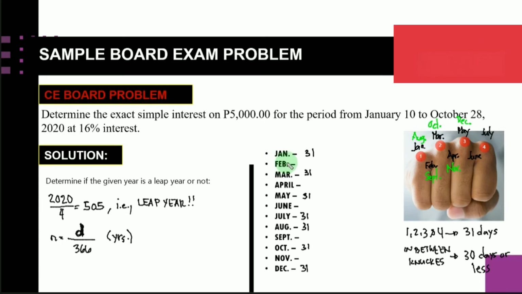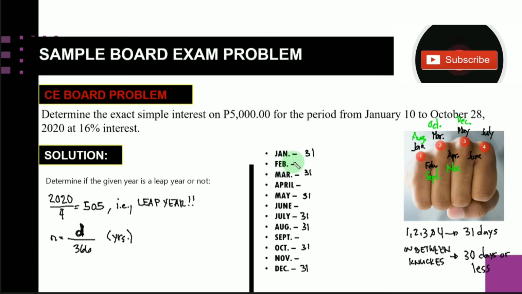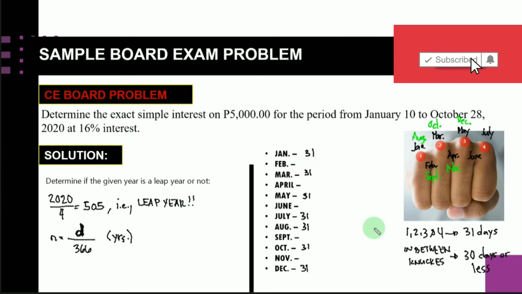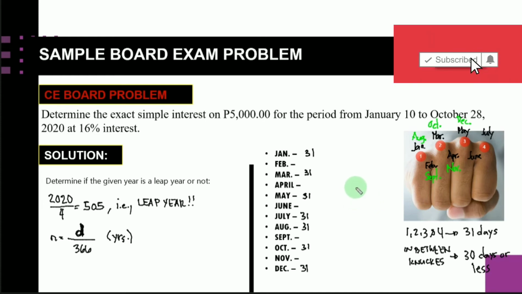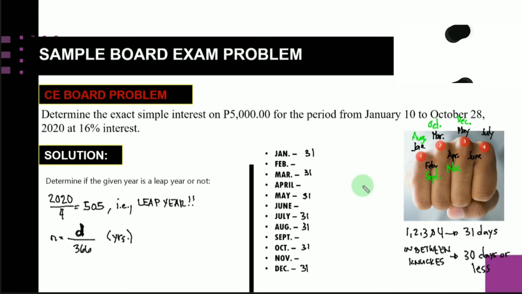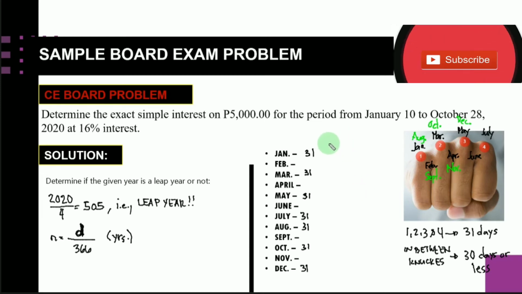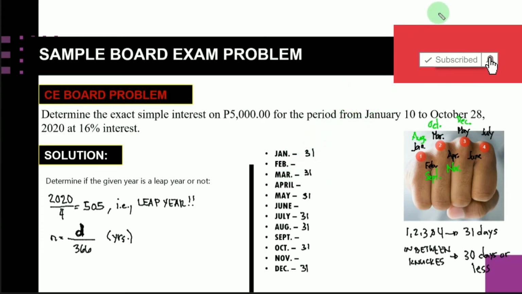As you can see, an ordinary year only has 365 days, okay? But for a leap year, it has a value of d, which is now equal to 366 days. So what is the meaning of this one?